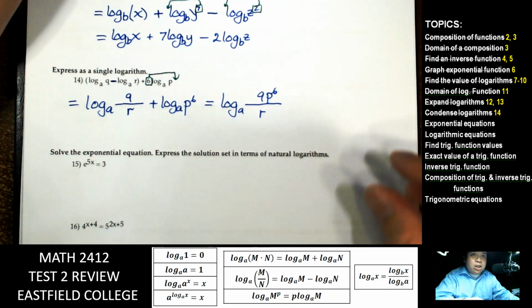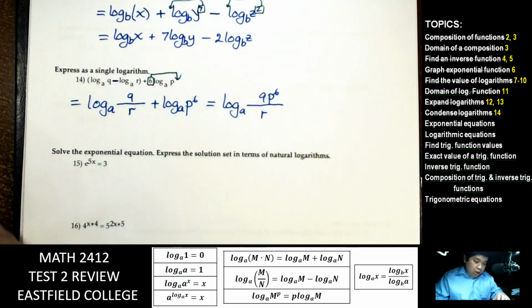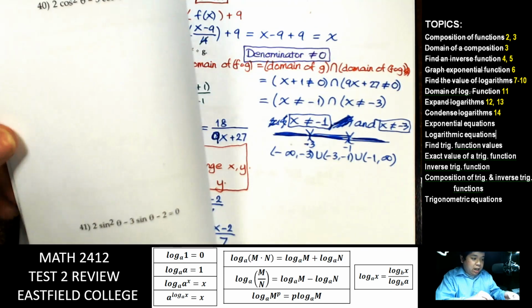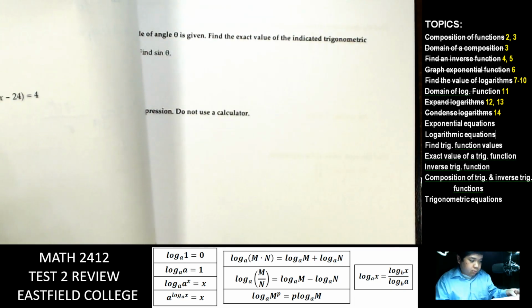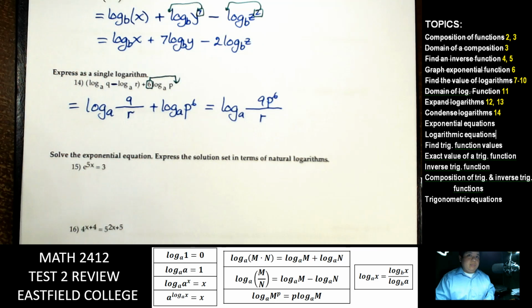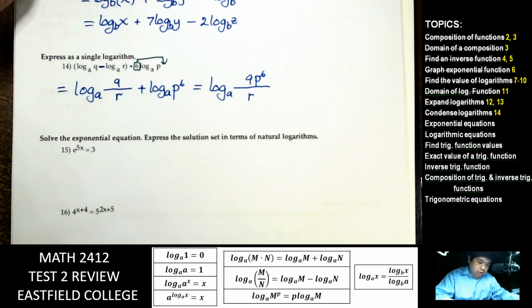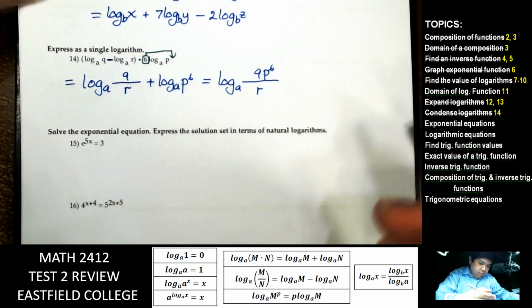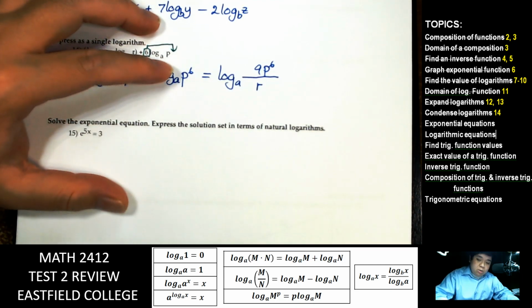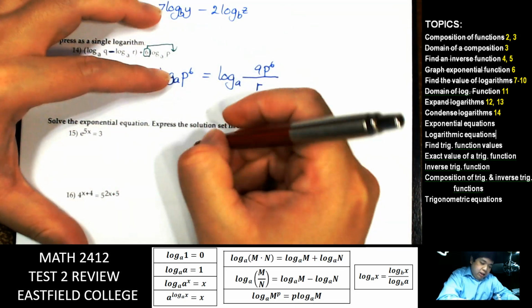Right. Next we have exponential equations and logarithmic equations. There will be two types of equation for each one. The first one is the one-to-one property. So I will write two types here.